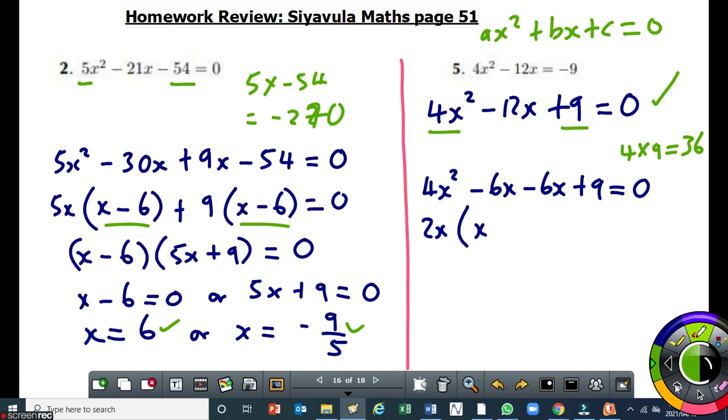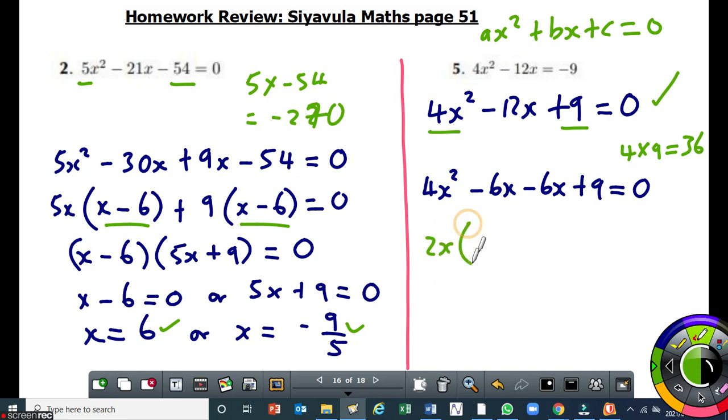Right, here I need to be very careful. I take out 2, so that will be 2x times 2x minus 3 minus 3 times 2x minus 3 equal to 0. So those are my factors.